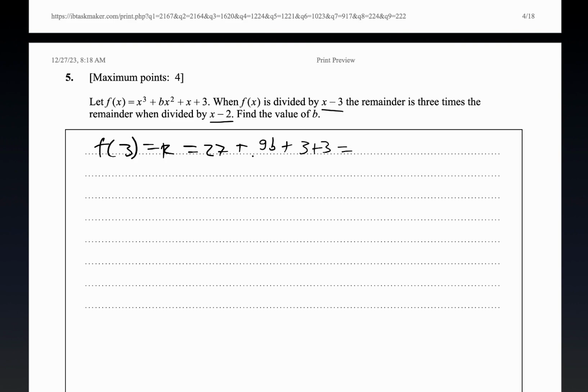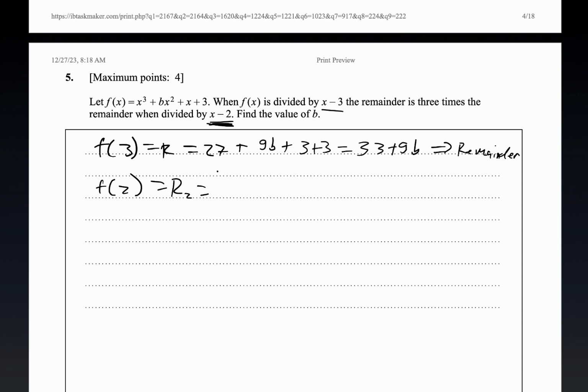Okay, that gives us what? 6 plus 27, 33 plus 9b is our remainder. Now it says when f of x is divided by this, let's find the remainder then. So it's going to be 2. f of 2 will be our remainder 2.